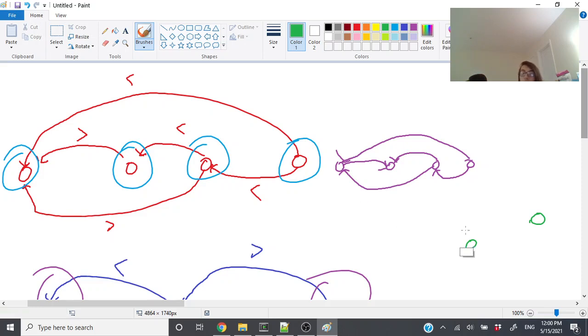Then, so we start off with this. Then here, we know that this is less, so this has to be here. Then here, this element is going to be greater than that one, but less than this. And so this relation we can sort of ignore. And then here is going to be greater than that one.